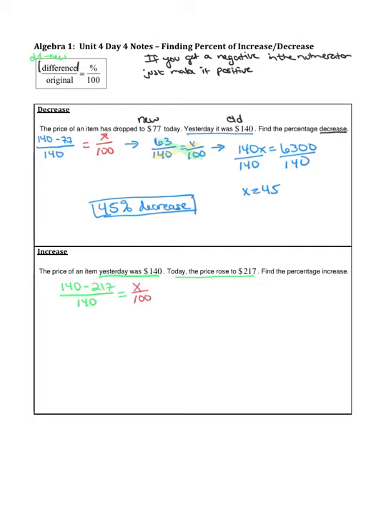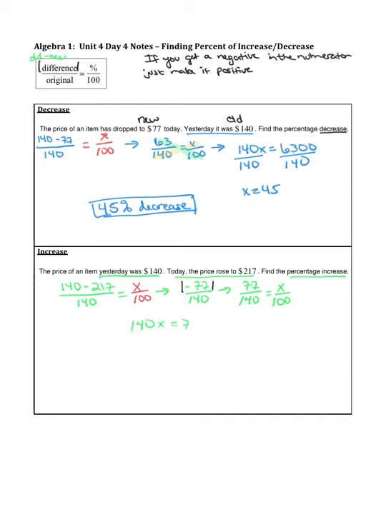Now we know this is going to be an increase, but let's do some math. 140 minus 217 is negative 77. That's kind of weird. So do what I said earlier. Take the absolute value. The price difference in this case is just 77 over 140 equals x over 100.